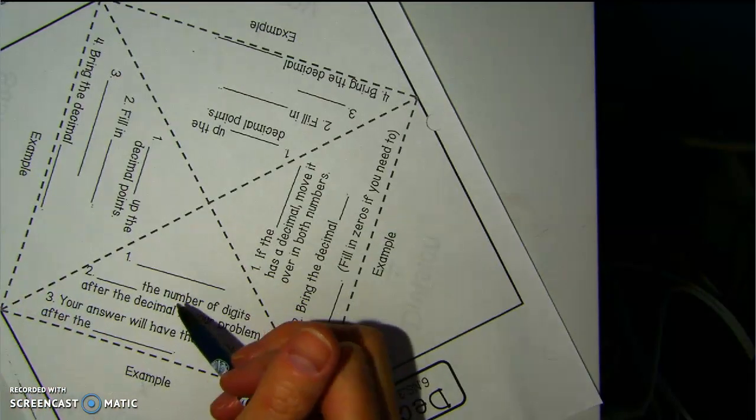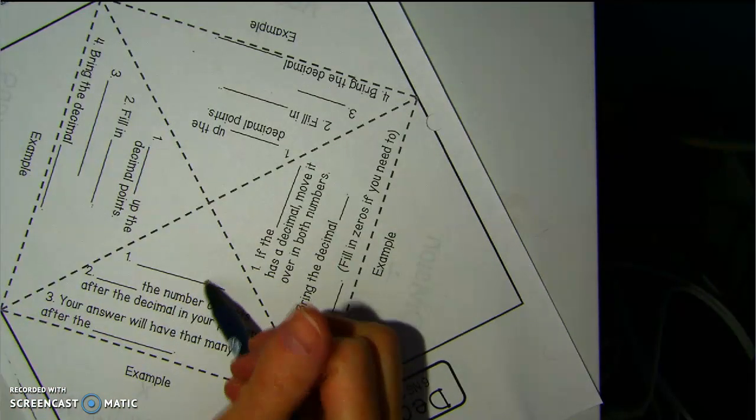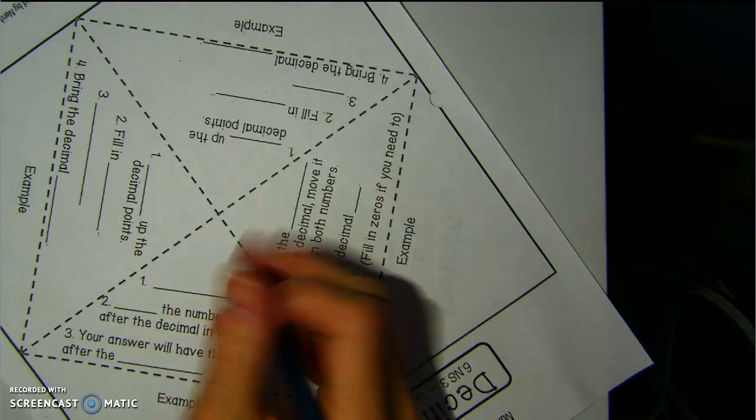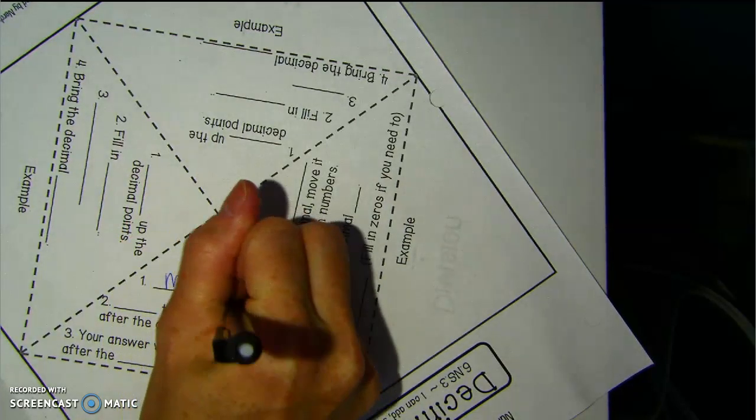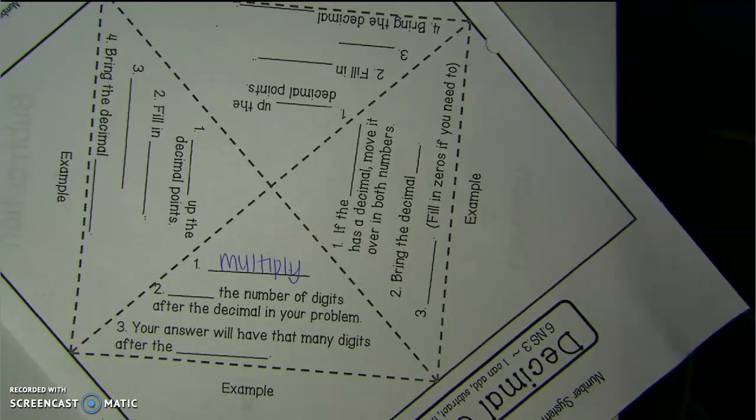So number one, blank. What is the first thing that's going to go in that blank on multiplying decimals? What's the first thing you're going to do? Multiply. So on number one, just write down the word multiply. Okay, after we multiply, blank the number of digits after the decimal in your problem.